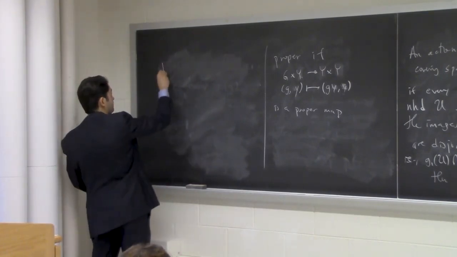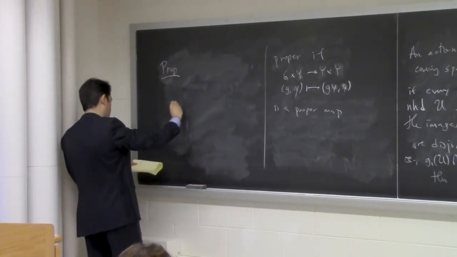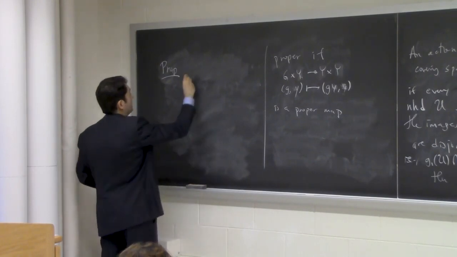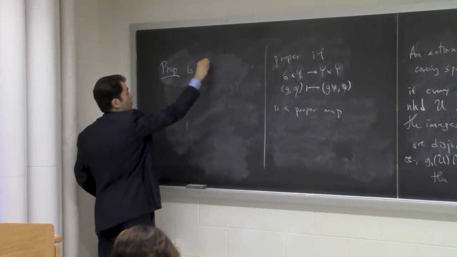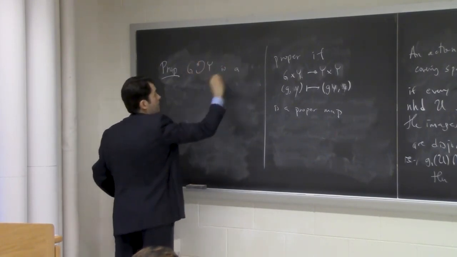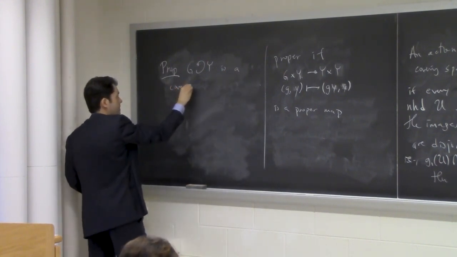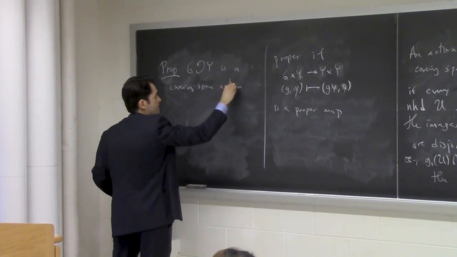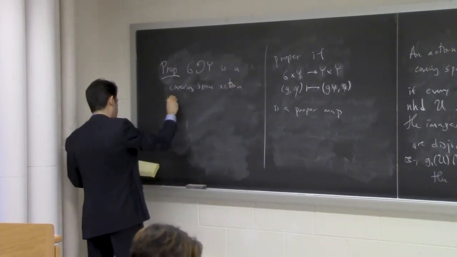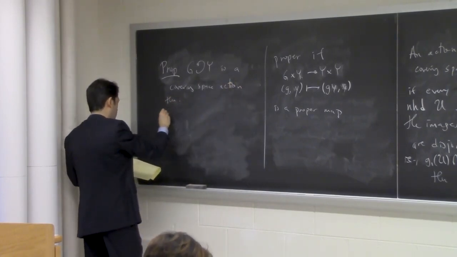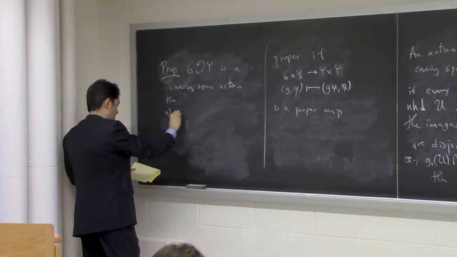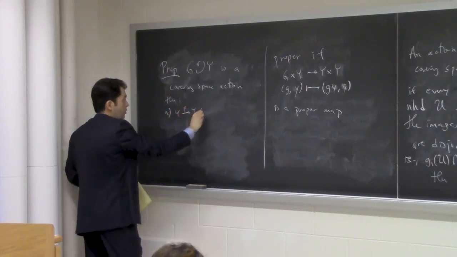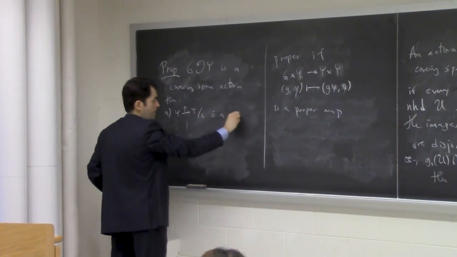Okay, so here's the proposition. Let's say that G acts on Y by a covering space action. Then the quotient map is a covering space.